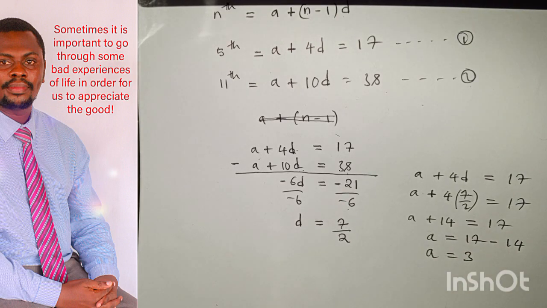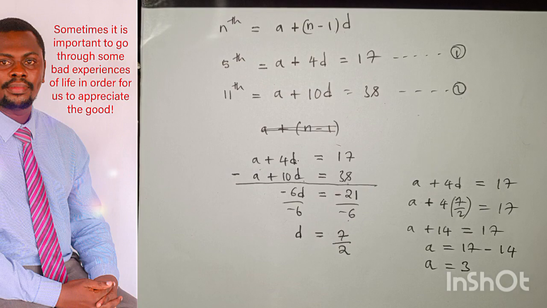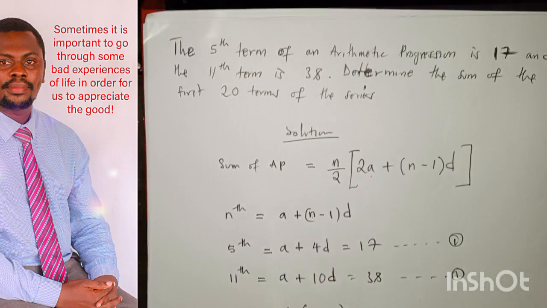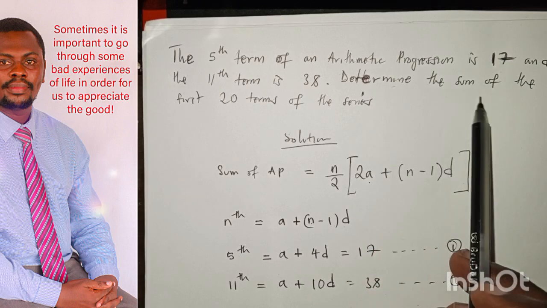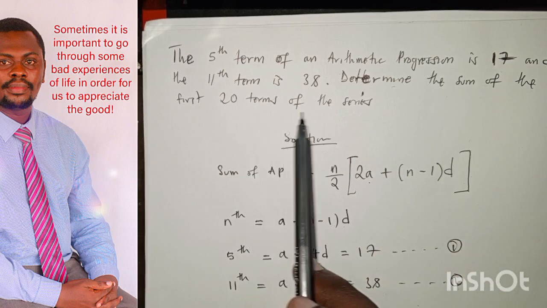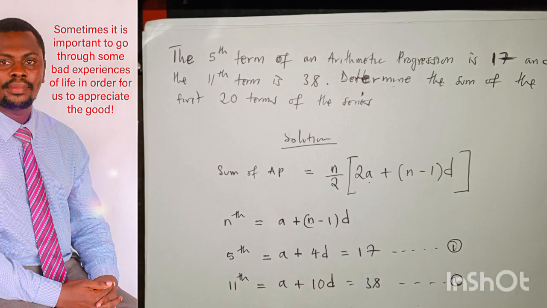So we have the values of A and D. These two values will help us now to find the sum of 20 terms according to the question here. So we have determined the sum of the first 20 terms of the series.